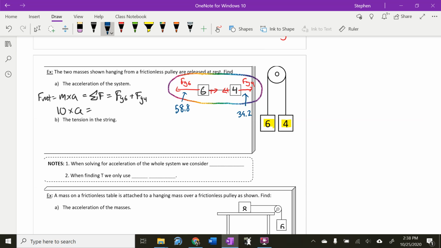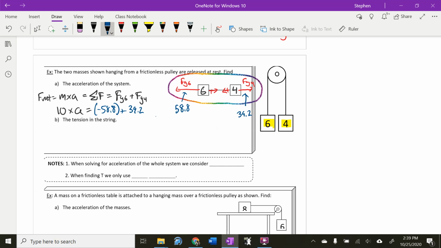Now, when you're looking at this, you should also keep track of which direction these two forces are going. So in this case here, Fg6, I'm going to call this negative 58.8. It's pointing to the left, plus 39.2. So 39.2 minus 58.8 is a total of negative 19.6.